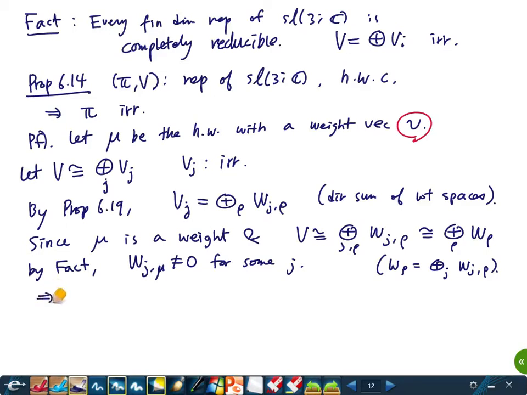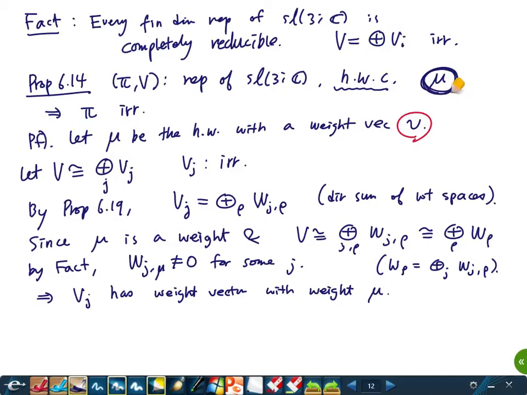That means this V_j has a weight vector with weight mu. All right? So V_j has a weight vector with weight mu. But for a highest weight cyclic representation with highest weight mu, what is the dimension of the weight space corresponding to mu?